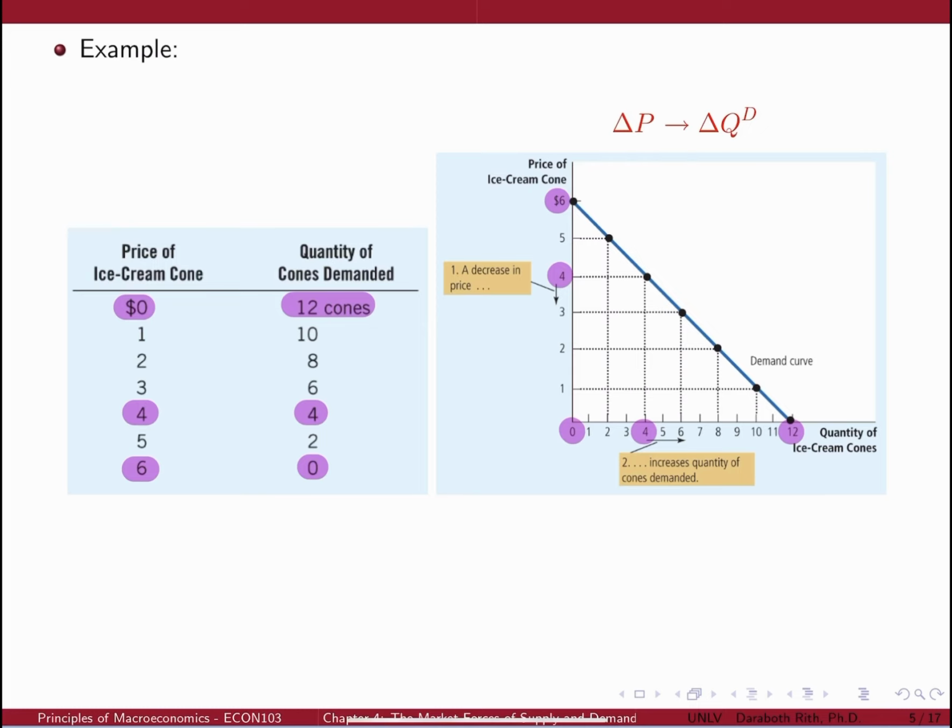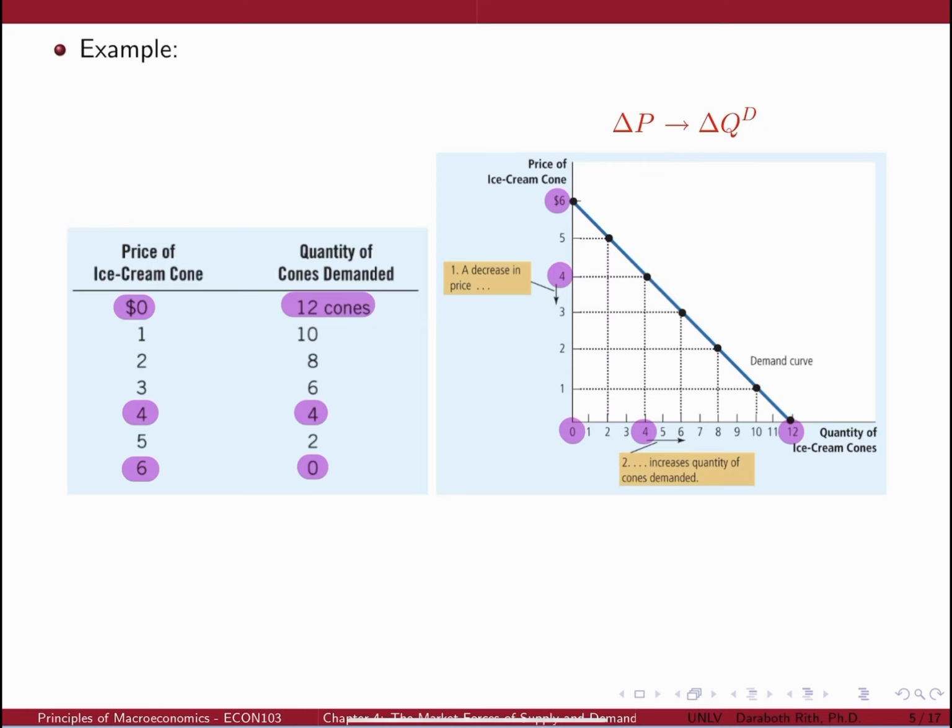Then if you plot the set of price and quantity demanded combinations on the graph, you will get a demand curve, where you list the price on the vertical axis and the quantity demanded on the horizontal axis. You can see that the relationship between price and quantity demanded is a downward linear slope.